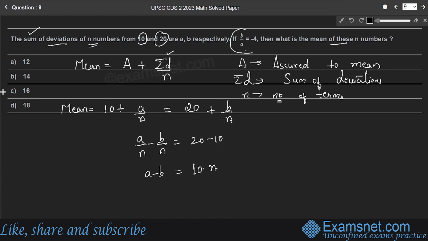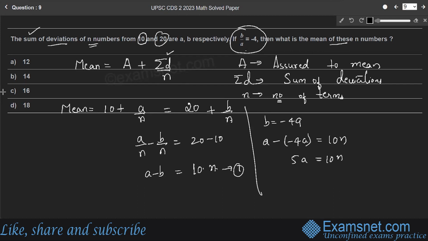It is given that b by a is minus 4, so we can write b as minus 4a. So equation 1 becomes a minus of minus 4a is 10n, that is 5a is 10n, right? Therefore, value of a becomes 2n.